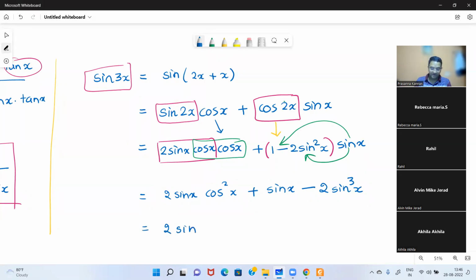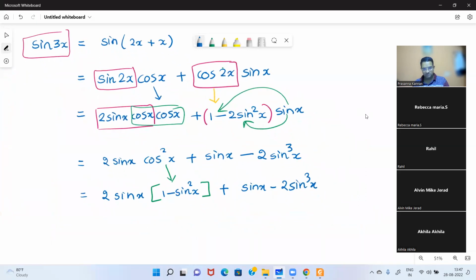So I want to eliminate anything apart from sine. Here you have cos, so I'll have to convert this into sine terms. What is sin square x plus cos square x? 1. So how can I write cos square x? 1 minus sin square x. Exactly. So that's what I'm going to write here. Remaining as it is, I'm bringing sin x minus 2 sin cube x. Is it clear so far?